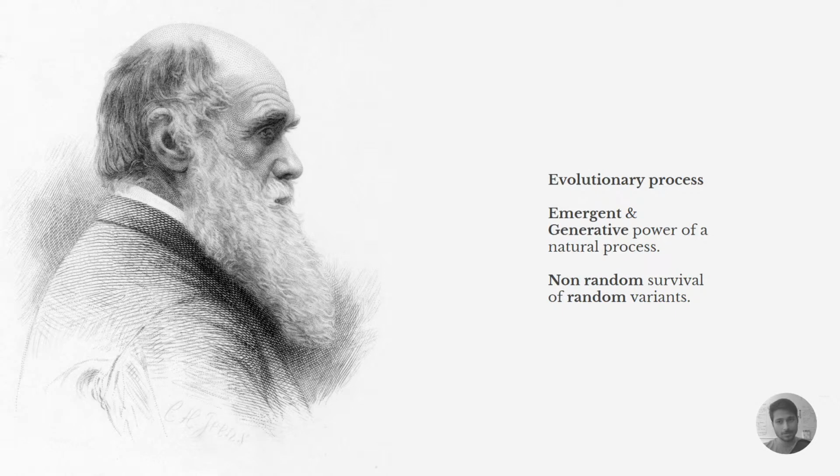So the basic concept is like how Darwin taught us how emergent and generative power of natural processes are capable of designing really efficient and a tough contender for any engineers we can bring in front. And it basically works by non-random survival of random variants.